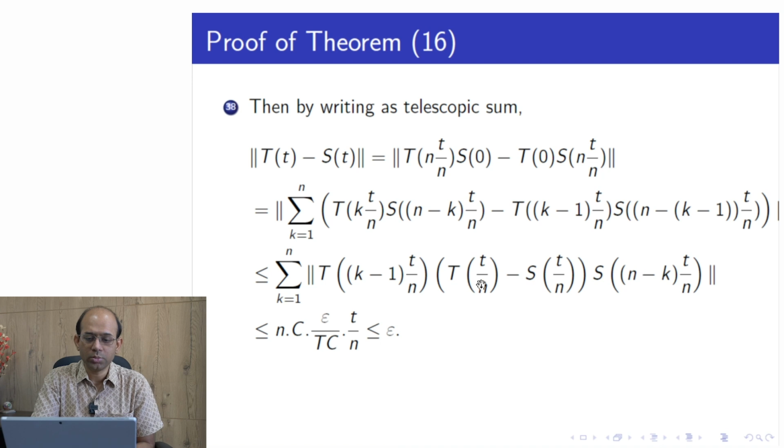Now I think you will be able to understand why I'm doing all this, because we got some difference and the time interval is small enough, less than or equal to delta.